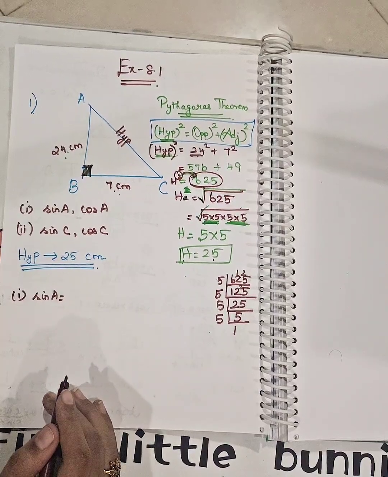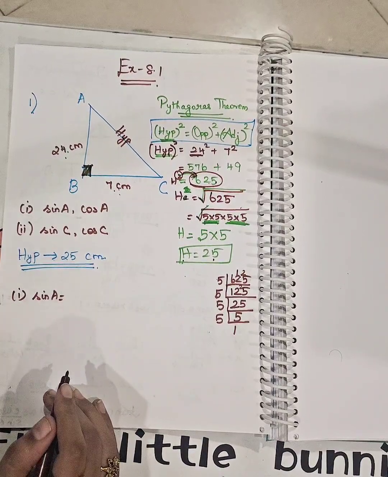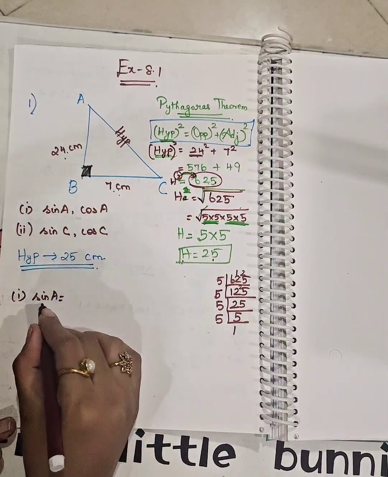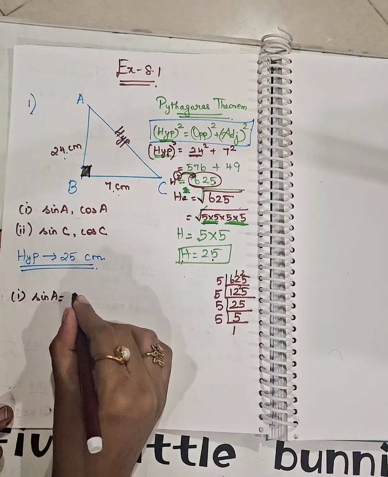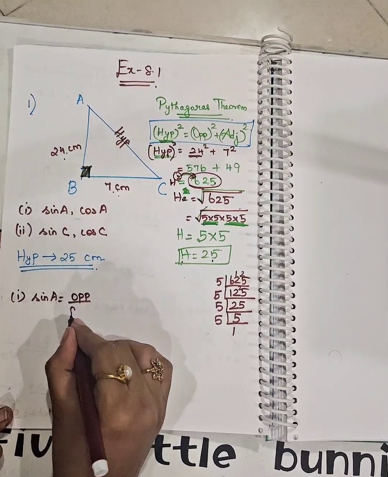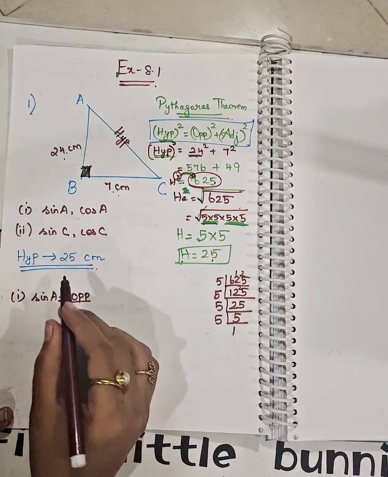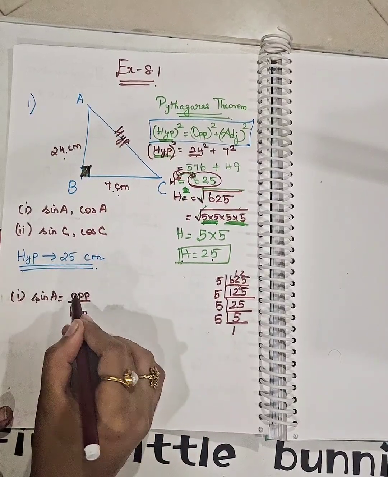Which theta is it here? The side opposite to angle A. So the sin A formula would be opposite by hypotenuse, SOH. So sin theta is equal to opposite by hypotenuse.